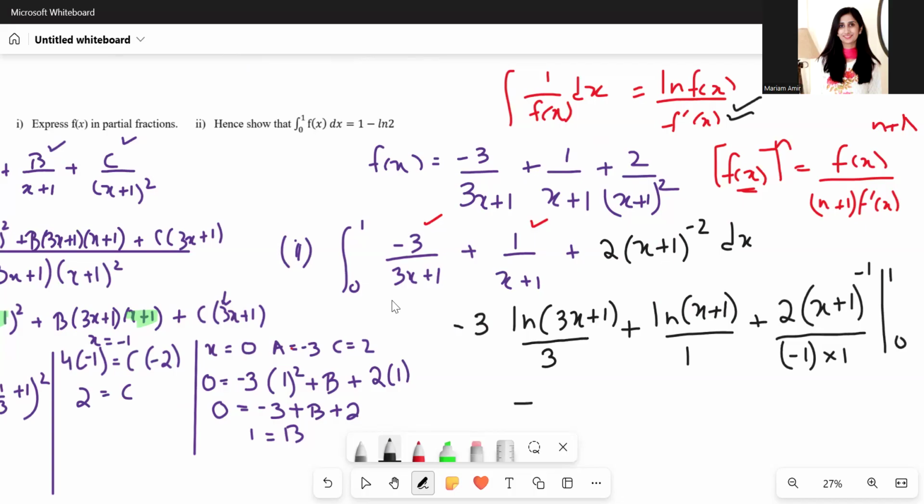So we're getting minus ln (3x plus 1) plus ln (x plus 1), and then we're getting minus 2 over (x plus 1) after simplifying. So when we write minus on the side, minus 2 over (x plus 1), and the limits are 0 to 1.